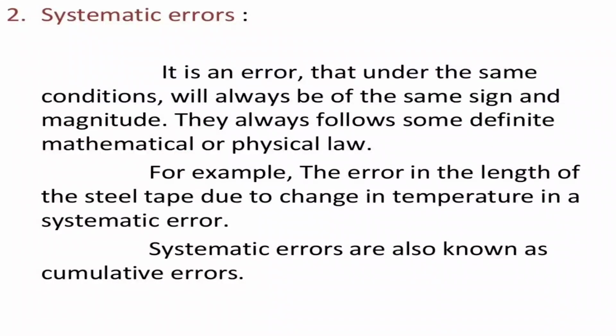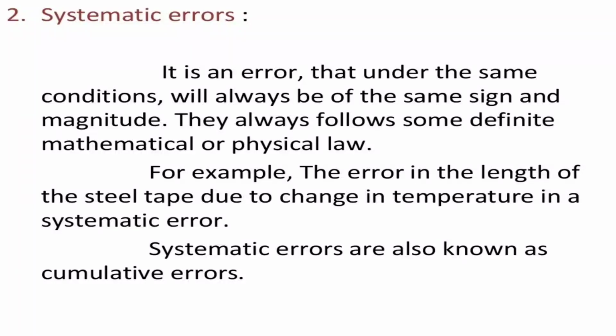The second one is systematic error. It is an error that under the same conditions will always be of the same size and sign. A systematic error always follows some definite mathematical or physical law, and a correction can be determined and applied.